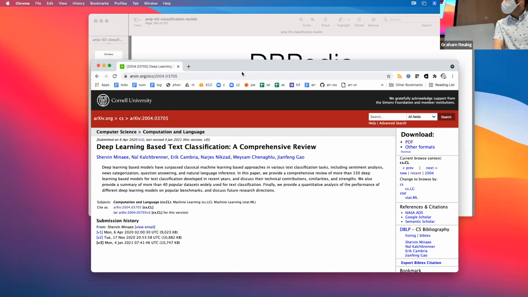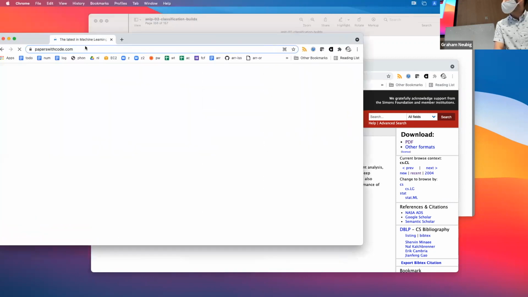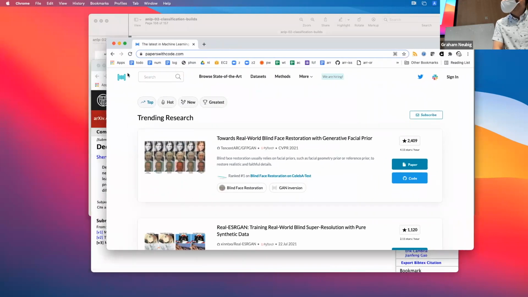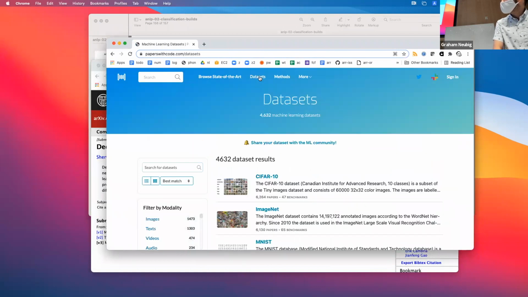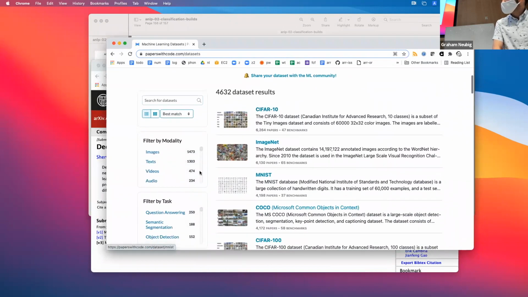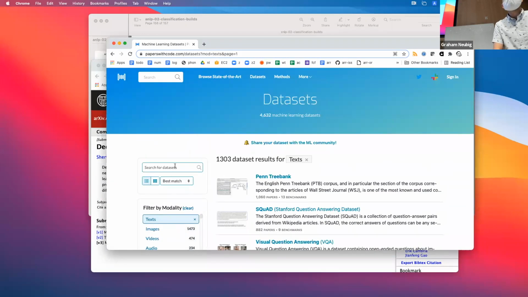One thing that I should mention also is there are actually a lot of very good places to get data sets, like central repositories. One is Papers with Code, which has a list of data sets here. You can go to things like text, you can search, and things like this.